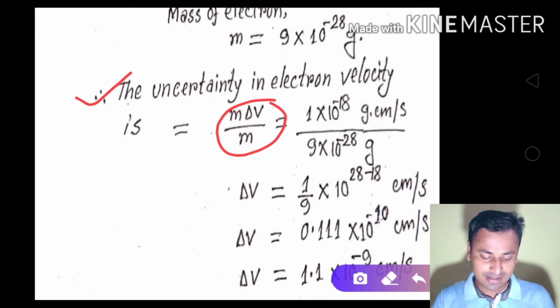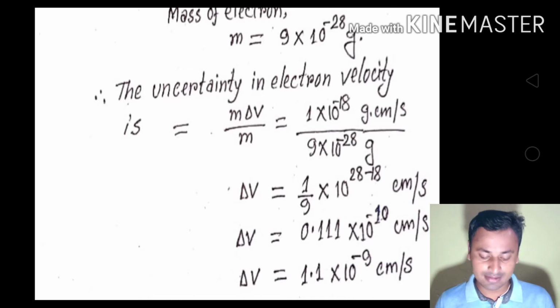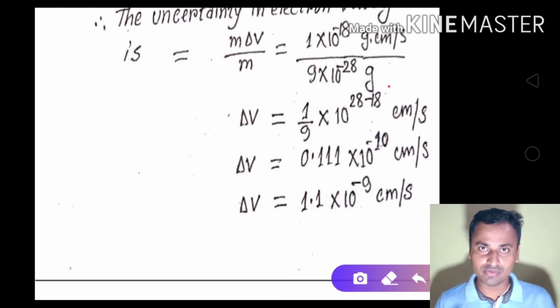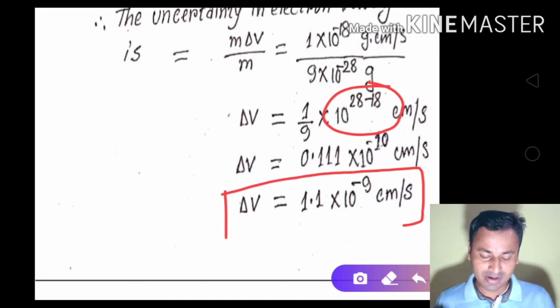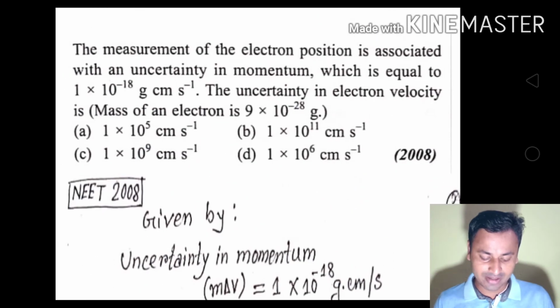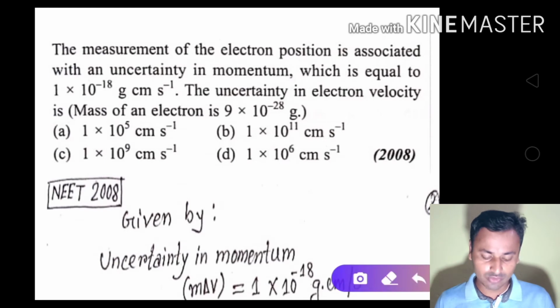In this equation del v equals 1 into 10 to the power minus 18 divided by m, that means 9 into 10 to the power minus 28 gram. So we write del v equals 1 by 9 into 10 to the power of 28 minus 18 centimeter per second units. So del v finally equals 1.1 into 10 to the power 9 centimeter per second.